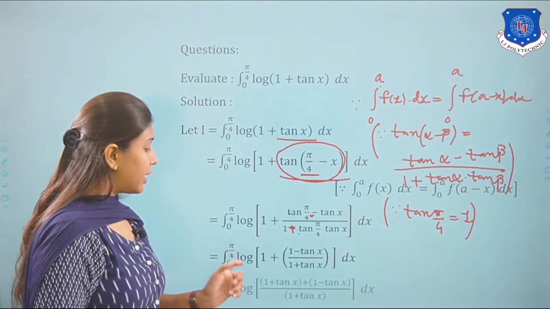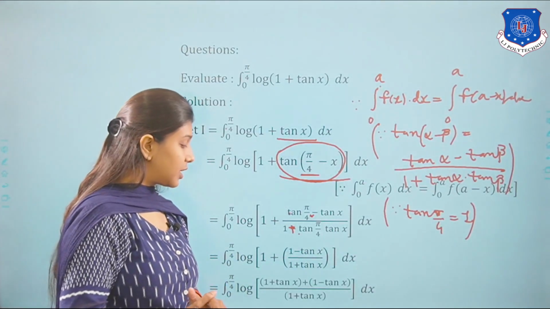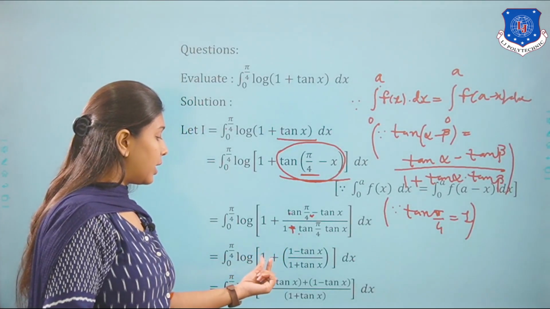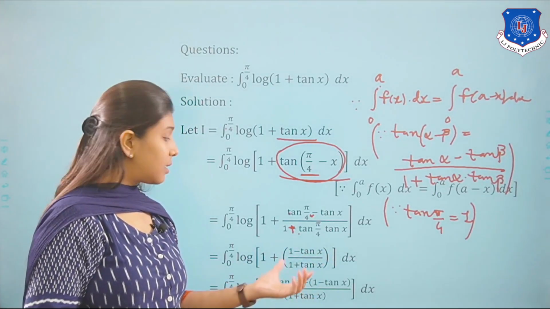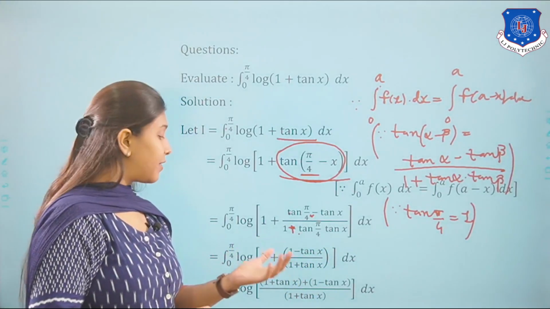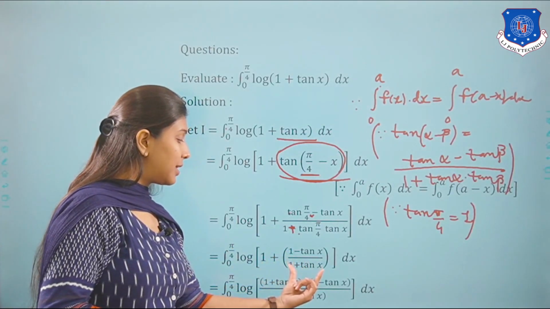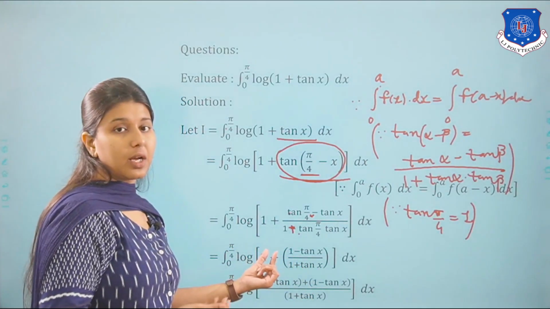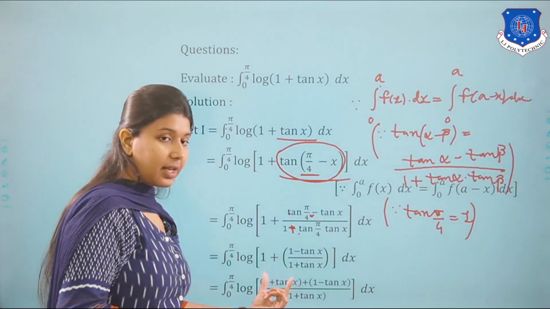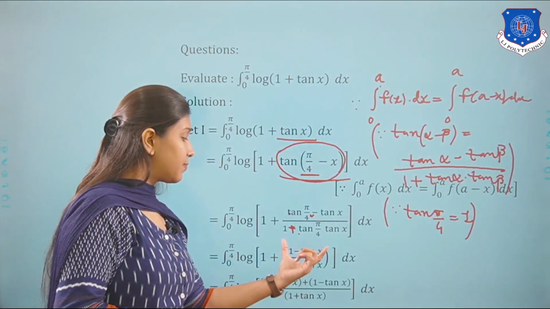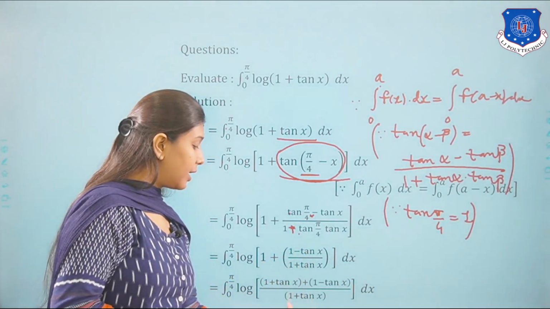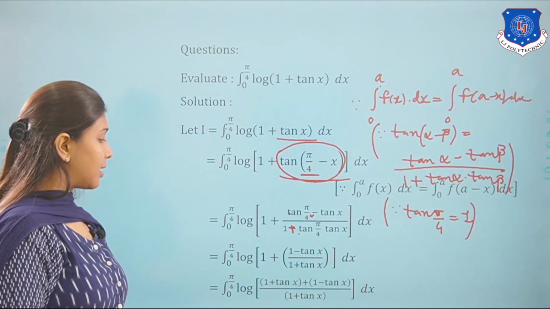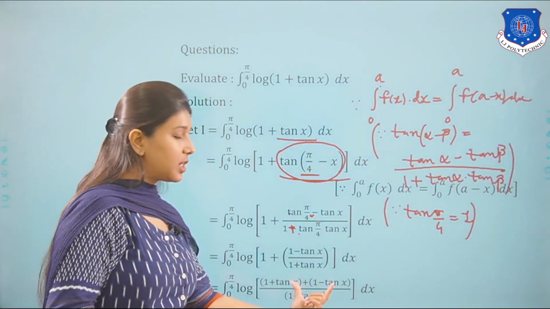Right? Next we have this, see, 1 plus this whole term. So we can take LCM in this. We can write it as 1 plus tan x into 1, that is 1 plus tan x plus 1 minus tan x as it is, and divided by 1 plus tan x. See, open both the brackets.